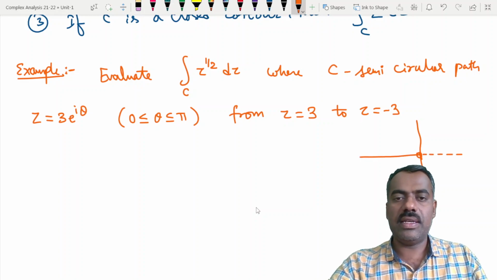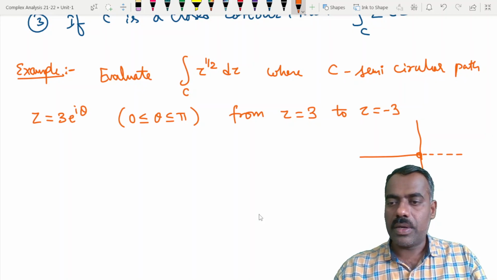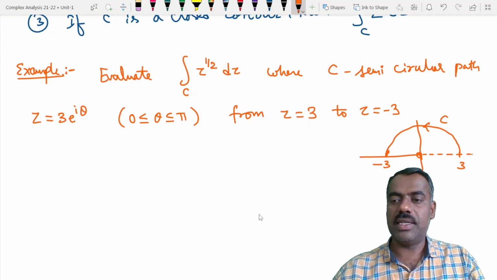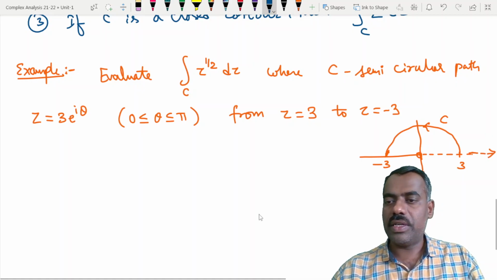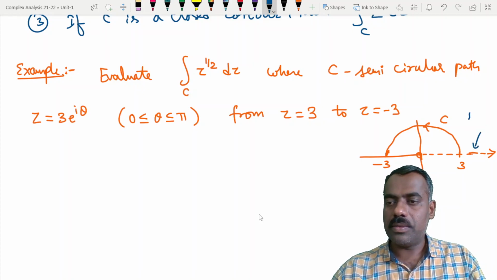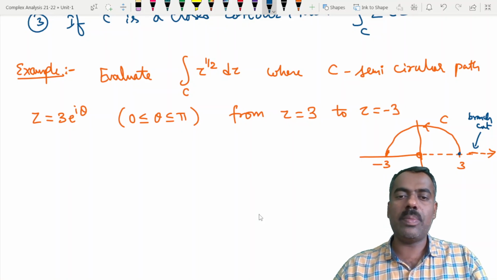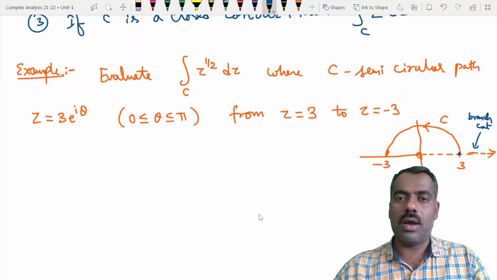Because z power half has a branch, say this is 3, then this is your C. Okay, this is 3 and this is minus 3. Remember, because this is a branch cut, whatever you are having here, this is the branch. Okay, and your point z is equal to 3 is on the branch cut, and which is also a point of this contour.